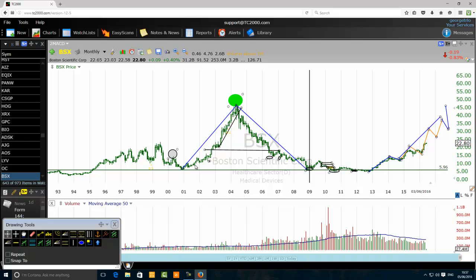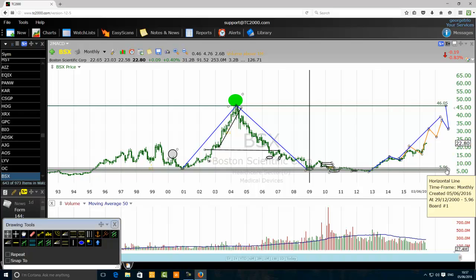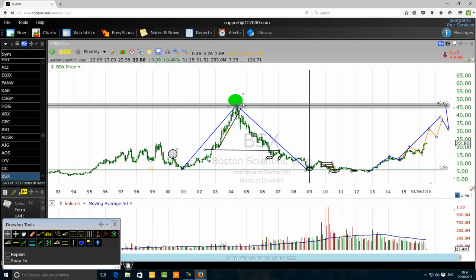So they bought it here, and the price went up all the way up here. They took profit here, so it's a very important level. There are hedge funds, mutual funds, and investment banks that know this price level, $5.96, and this price level, $46.05, for Boston Scientific Corporation. They bought it here and they sold it here. So this is a bearish zone, and this one here is a bullish zone.